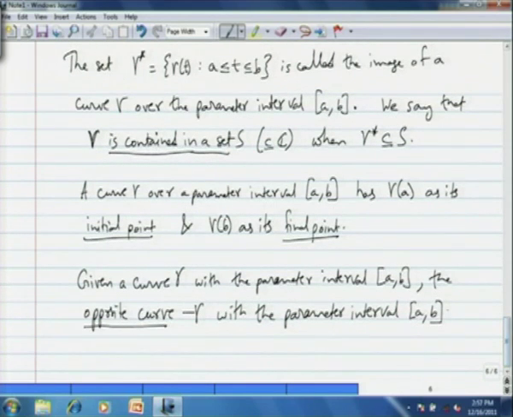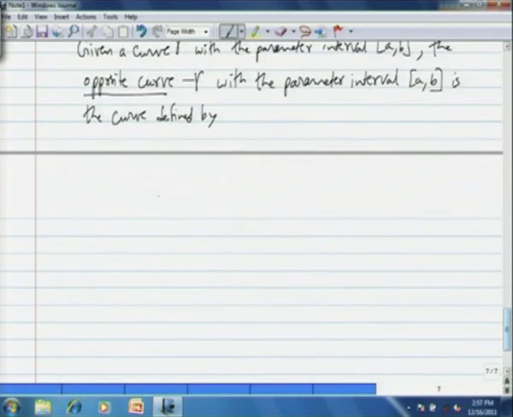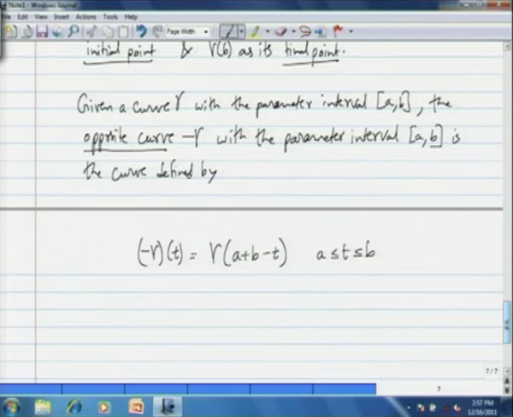It is the curve defined by minus gamma of t is gamma of a plus b minus t, where t ranges from a to b. So, minus gamma is defined as gamma of a plus b minus t.